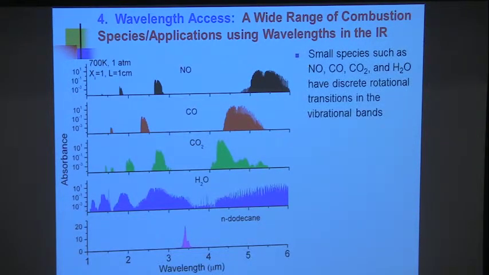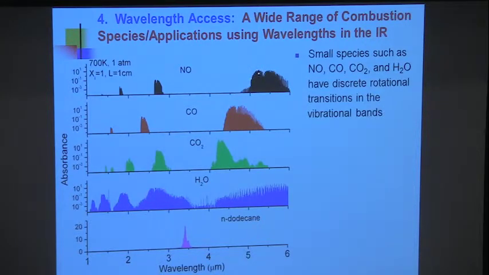When the molecules are small, and these are all small, they have discrete structure. So even though this looks like a continuous distribution here, there's windows in between these lines that we can understand. So each of those lines is a position we can calculate, or we can decide which line we want to use. So you might say, we want to measure NO. It's around 700 degrees. What transition should we use?